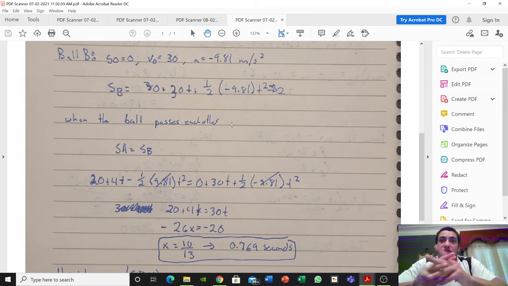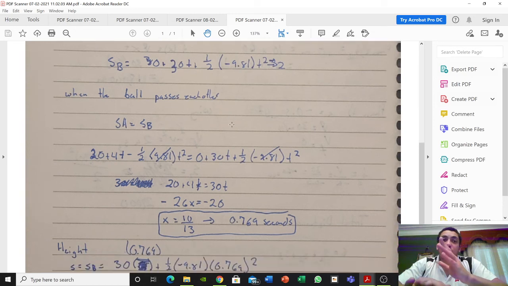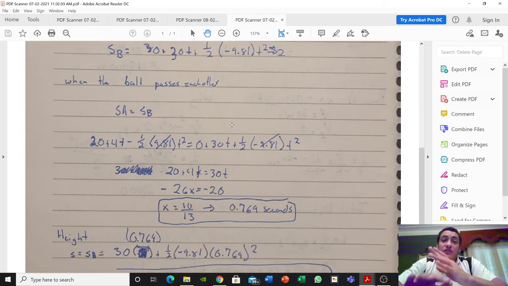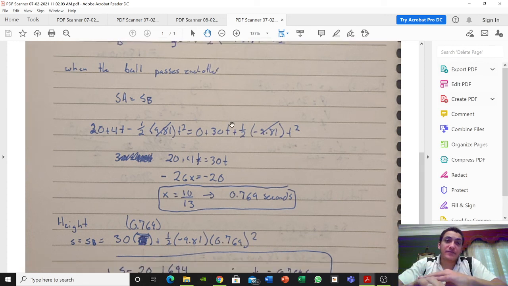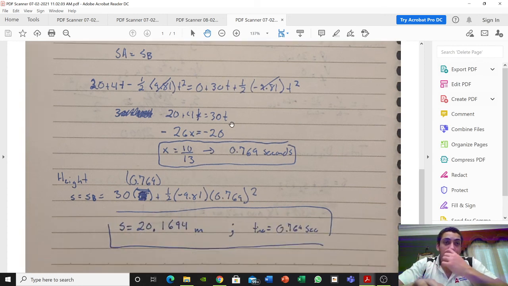As you can see on the screen, I have already cancelled the 9.81 and negative 9.81. They cancel each other. With simple pre-calculus, 20 plus 4t equals 30t, and negative 26t equals negative 20, which gives t equals 10 over 13, or 0.769 seconds, the time they pass each other.